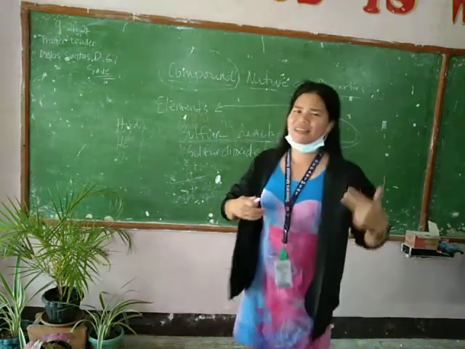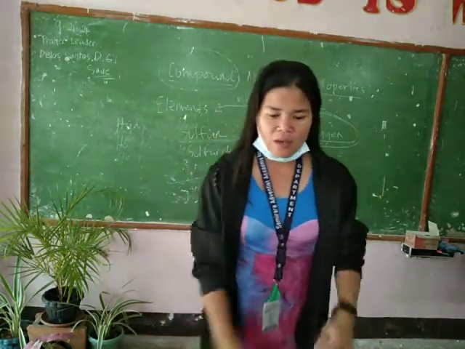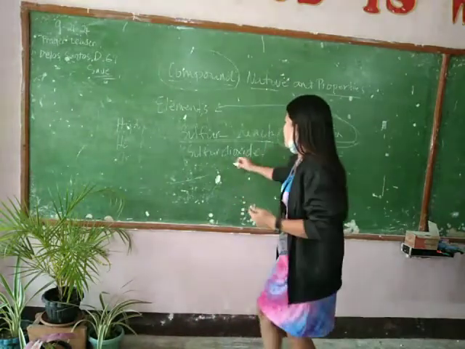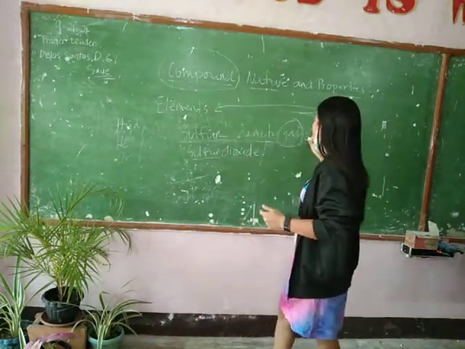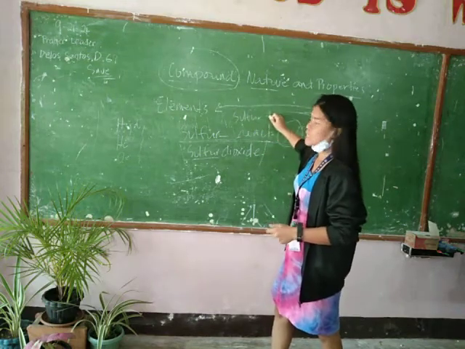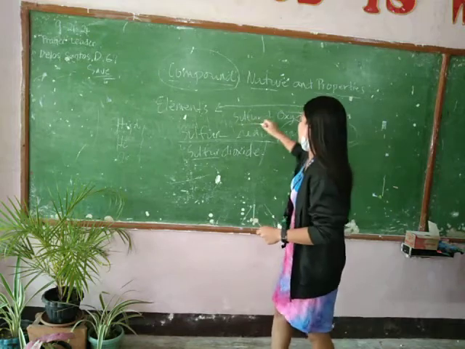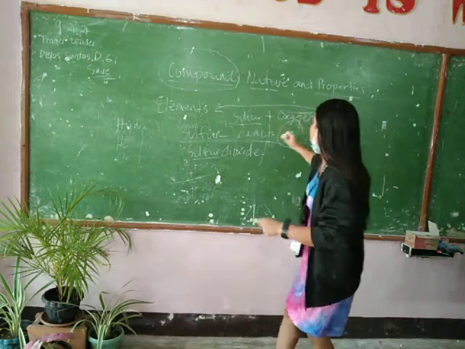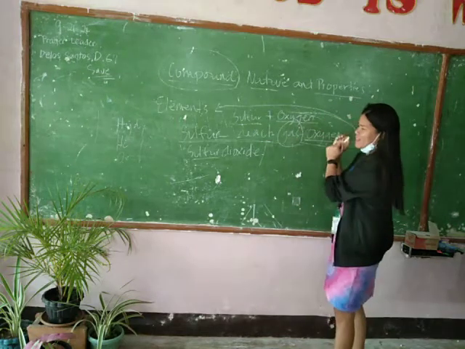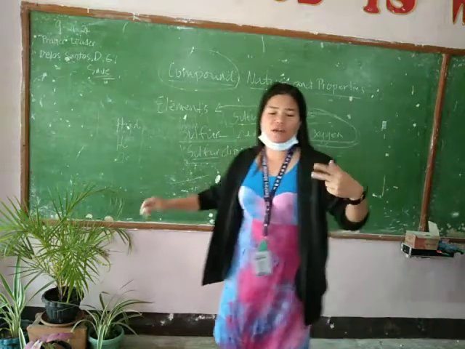So, bakit naging sulfur dioxide? Now, it is because, which is a pungent and, it is because sulfur plus oxygen. Ganda ng sulat to, no? So, sulfur plus oxygen becomes sulfur dioxide.